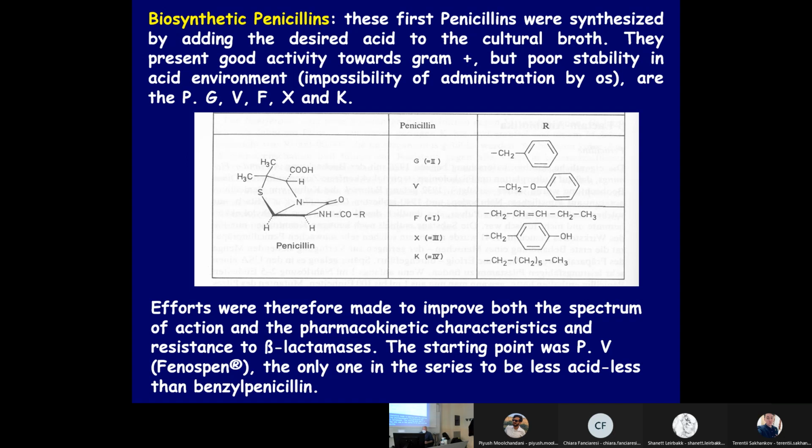And this is really another revolution. We'll see during the next lesson the reason of this behavior. Why penicillin V is resistant to acidic pH. We'll see the chemical reason. The introduction of the oxygen is important to stabilize this compound at acidic pH.